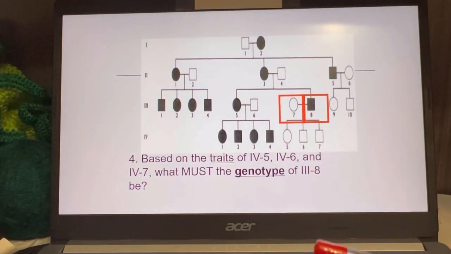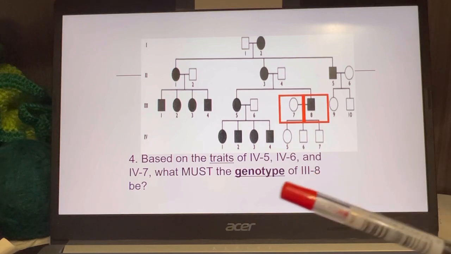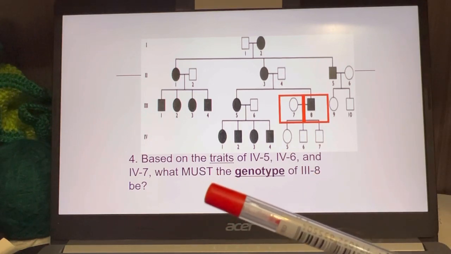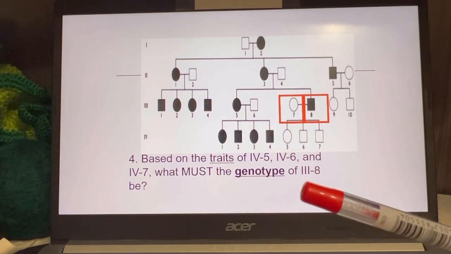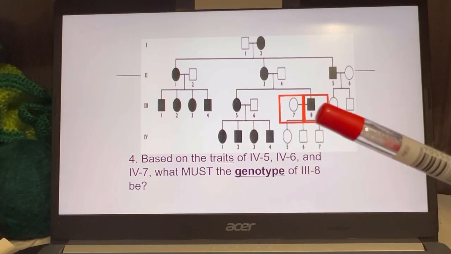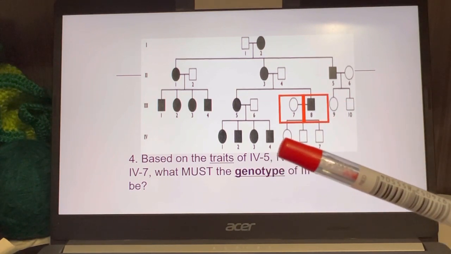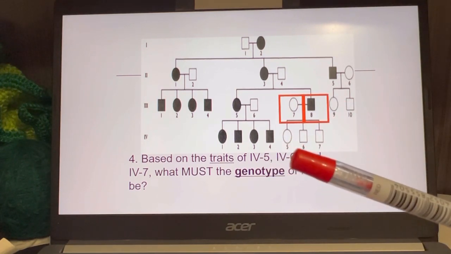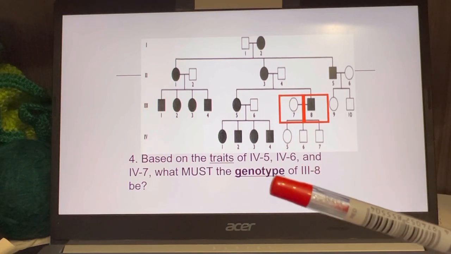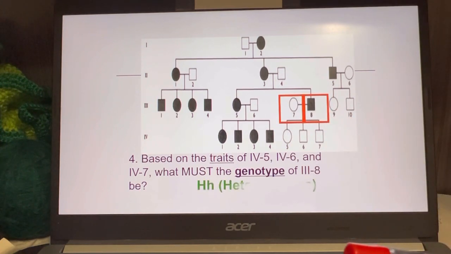Right? So based on traits of IV5 and IV6 and IV7, what must the genotype of 3-8 be? What's this person's genotype? I think that's incorrect.